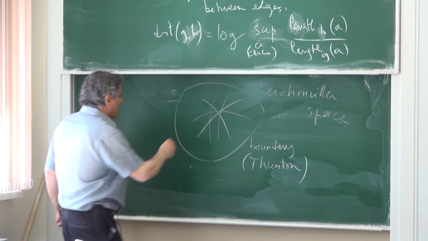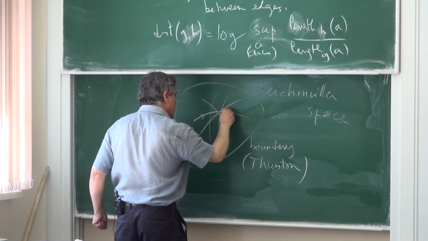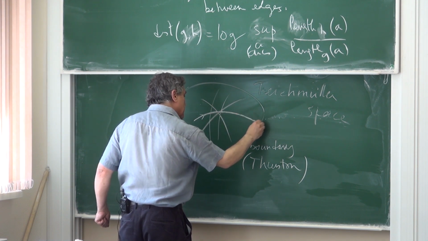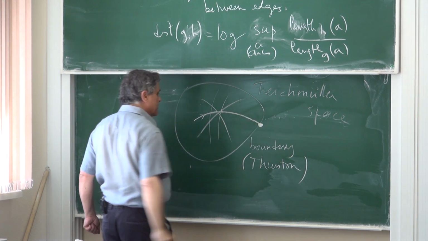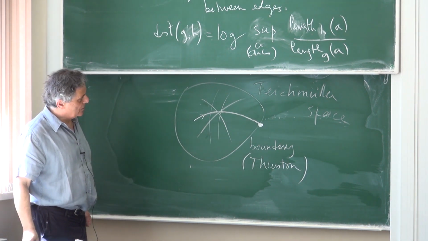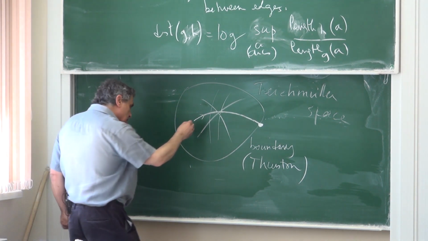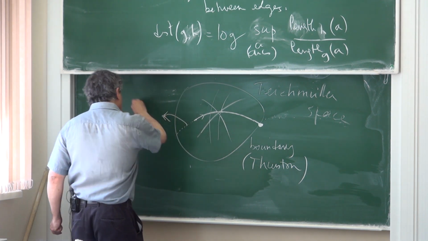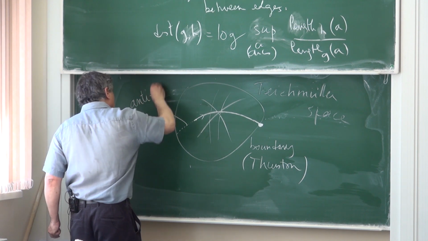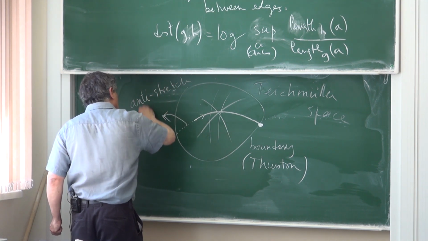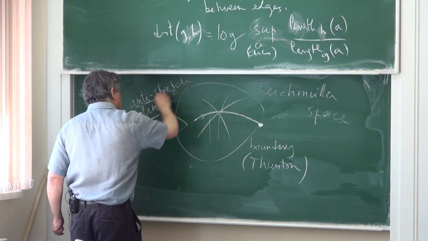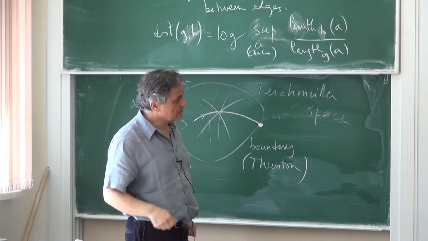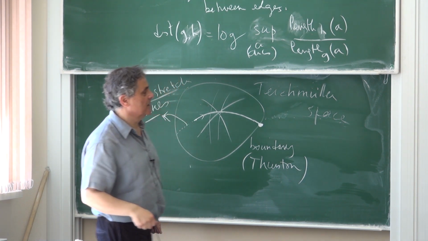And the question is whether these stretch lines converge to a specific point on the boundary, and the same question for these lines, which we call the anti-stretch lines, which are the stretch lines traversed in the opposite direction.